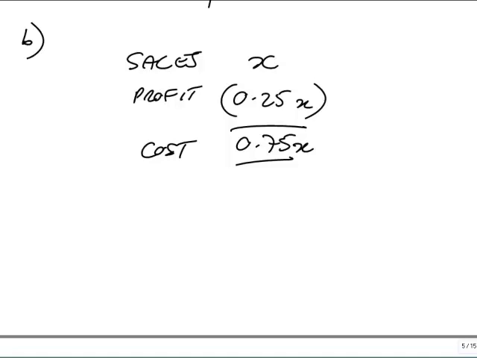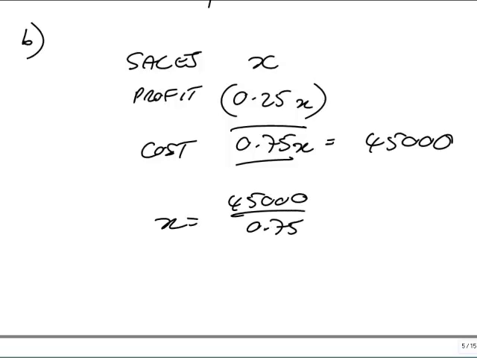It's sales we don't know. Profit's 0.25 of it, cost therefore 0.75. We know what the cost is, it's 45,000. And then, of course, it becomes easy. It's 60.